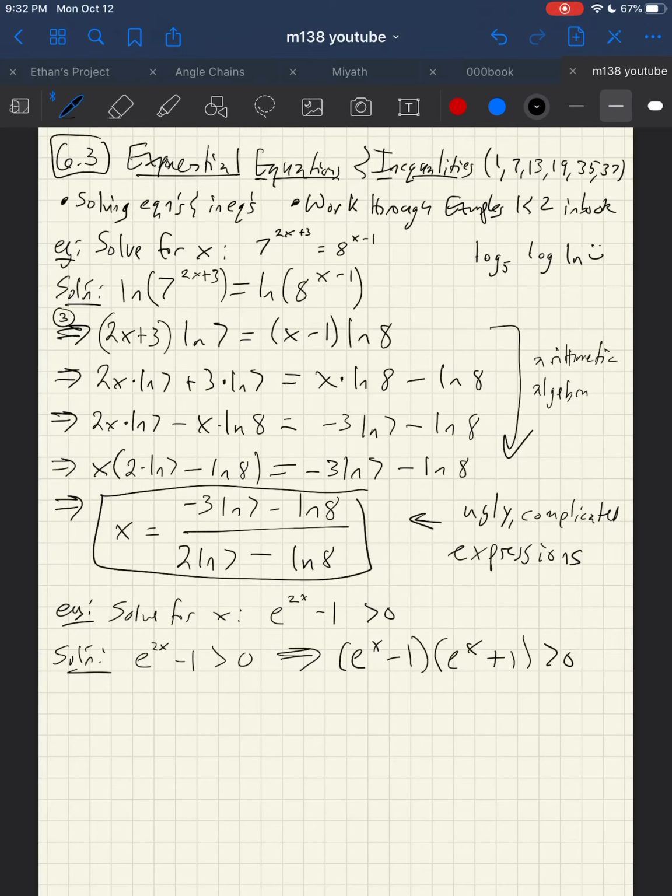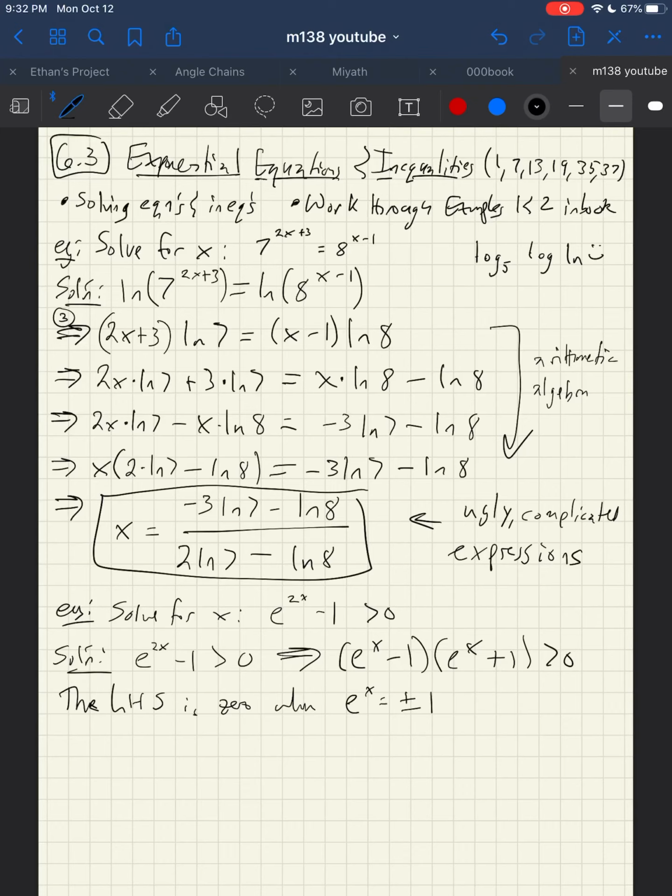Now what you can do here is sort out when this thing hits 0. Just like we've done previously, the left-hand side is 0 when e to the x equals plus or minus 1.